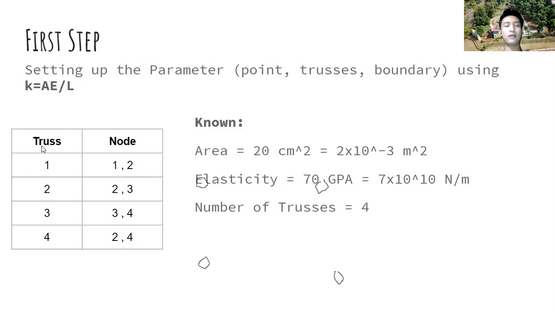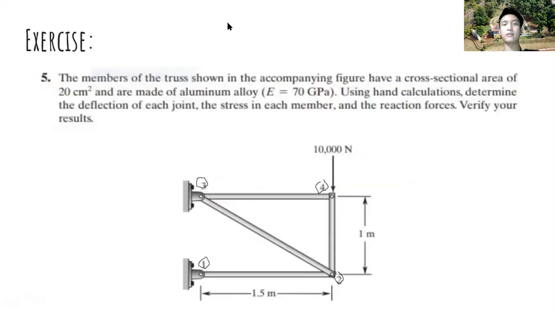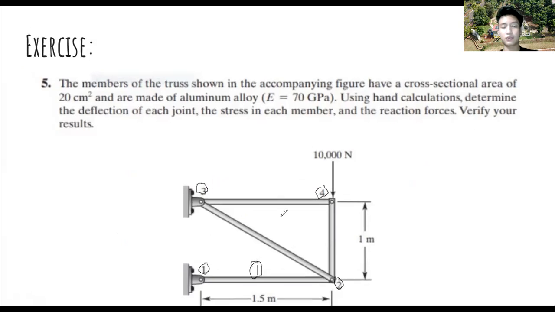We made a table here, which is truss 1 is node 1 to 2, truss 2 is node 2 and 3, truss 3 is node 3 and 4, and truss 4 is nodes 2 and 4. So we can assume from the previous slide that truss 1 is here. Truss 2 is here. Truss 3 is here. And truss 4 is here.